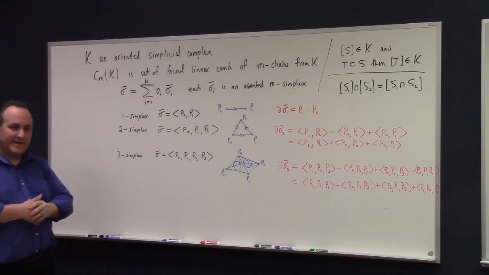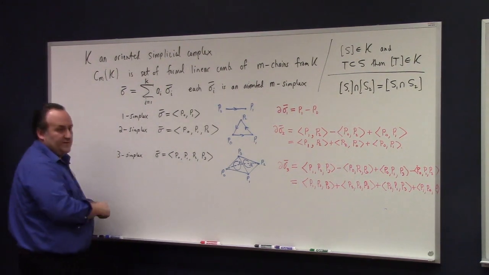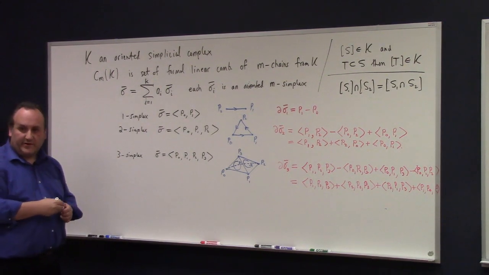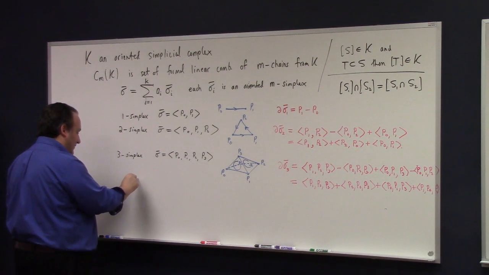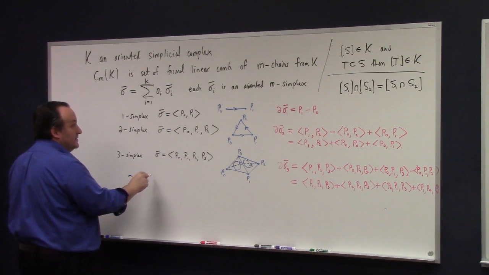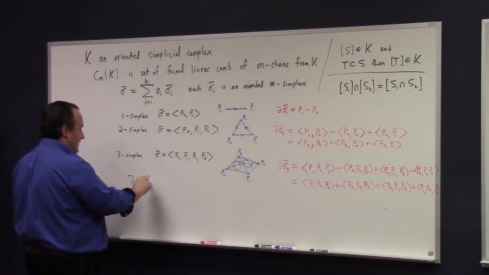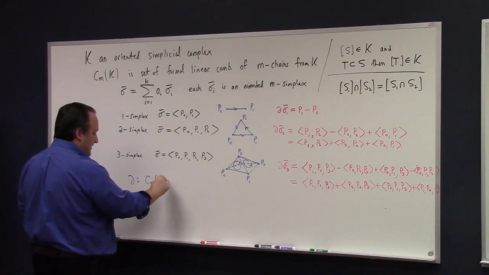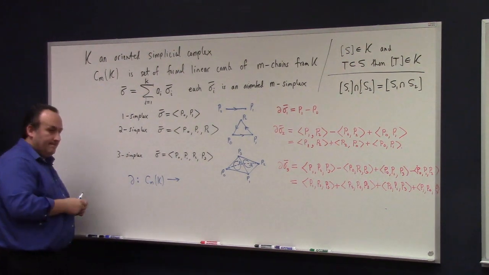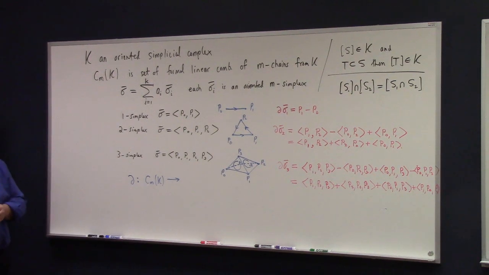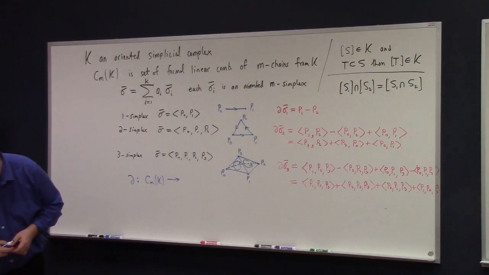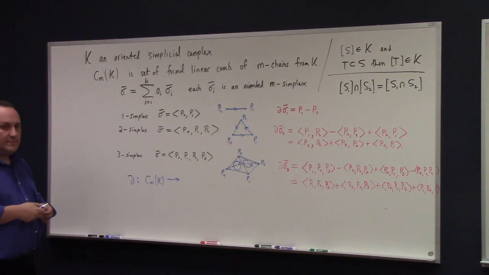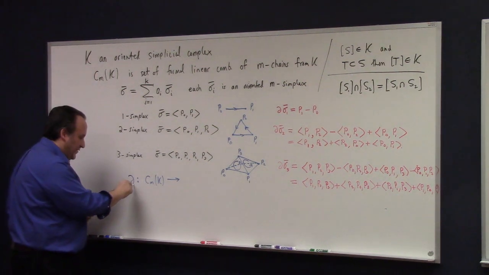And then the last thing we did last class was, first of all, we gave a general definition for the boundary operator, and we proved that if you look at the boundary operator as a mapping, it takes in M chains over K, right? And what does it output? To be fussy, we should probably call this partial M because there are different ones.